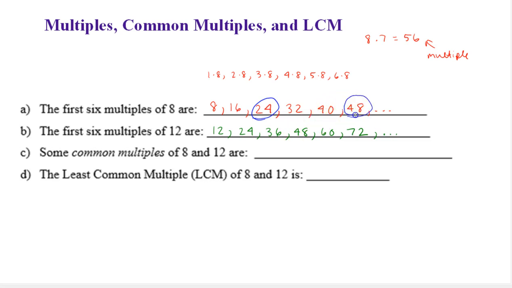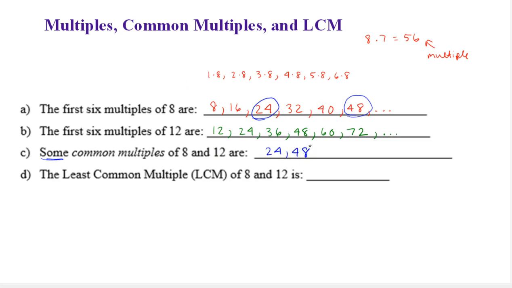And they do have 48 in common. So these are some common multiples, because remember, these patterns go on forever. They actually have infinitely many common multiples. So we're not going to write them all down like we did with the common factors, which are finite, meaning you can list them and the list ends. So some common multiples that we can see in these lists are 24 and 48.